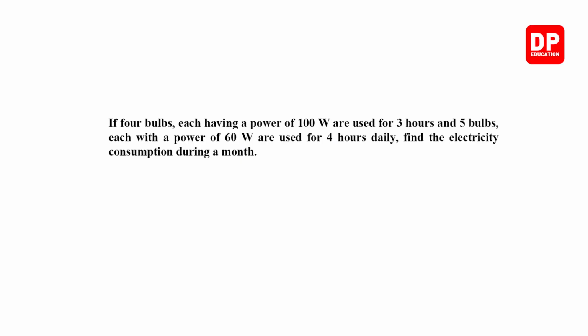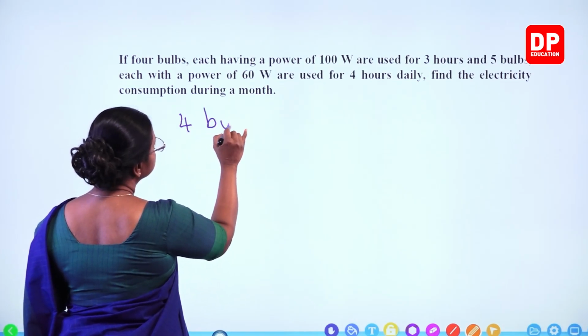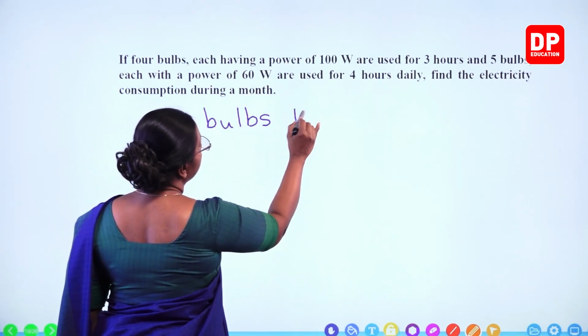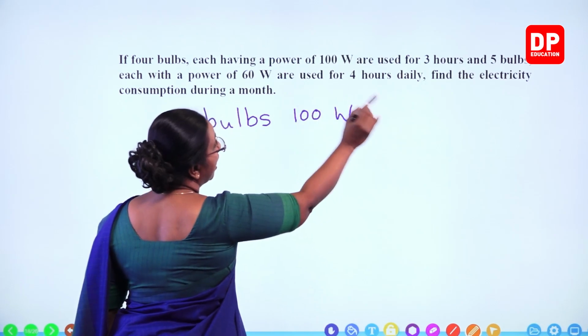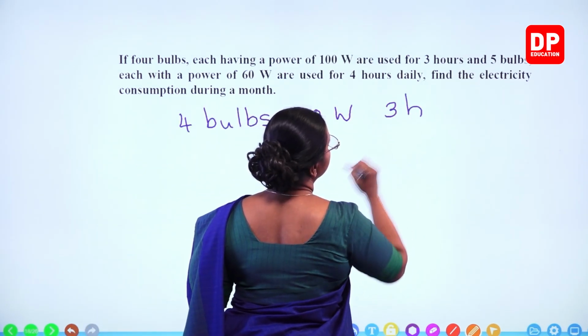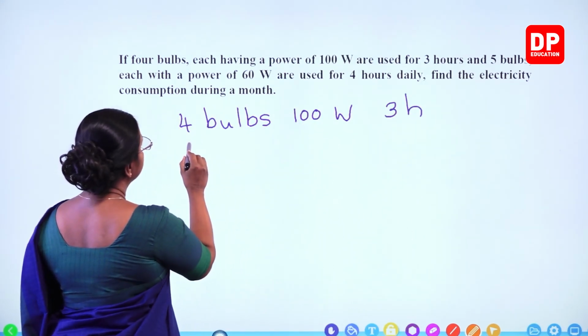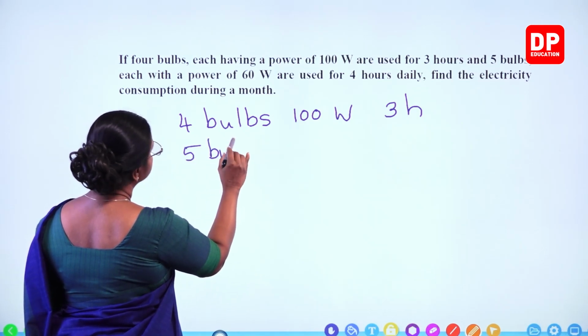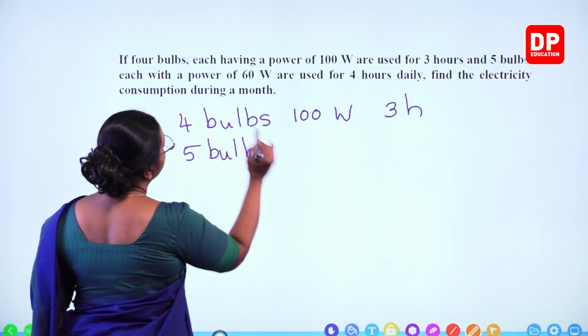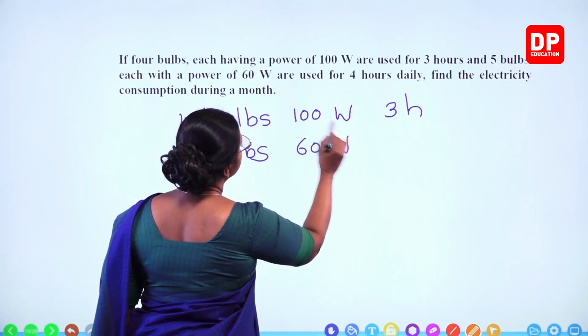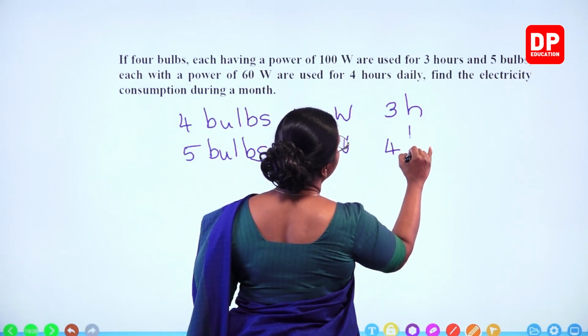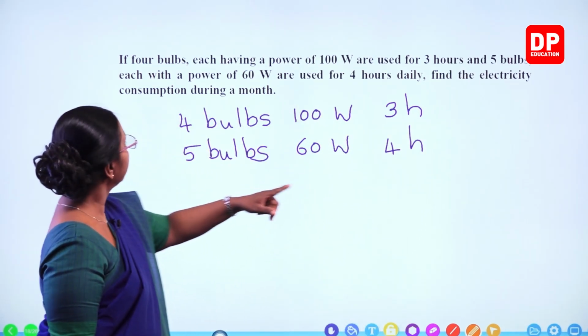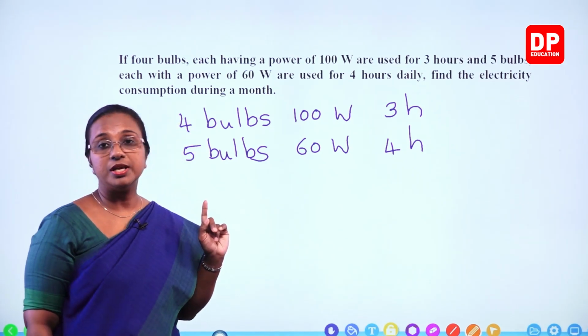If 4 bulbs each having a power of 100 watts are used for 3 hours, and then there are 5 bulbs with a power of 60 watts each used for 4 hours daily, find the electricity consumption during a month.